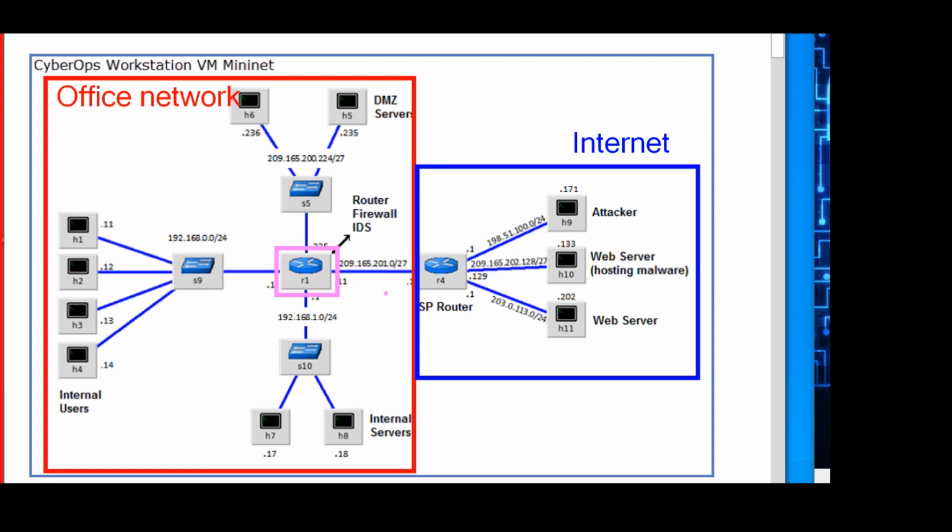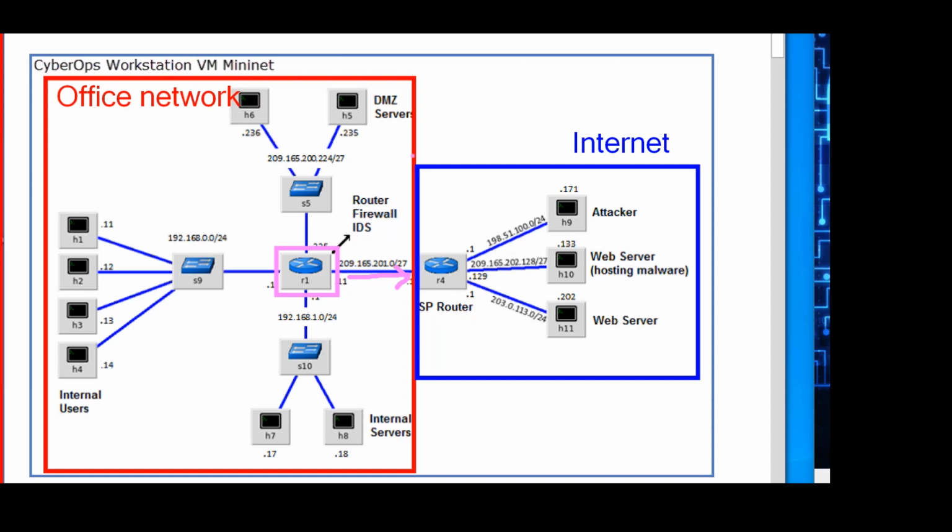This router, usually we call it the border router, is the router that controls the network to the external internet. And you see over here, this is the external internet. From this router, usually it is installed with firewall and intrusion detection system, IDS.